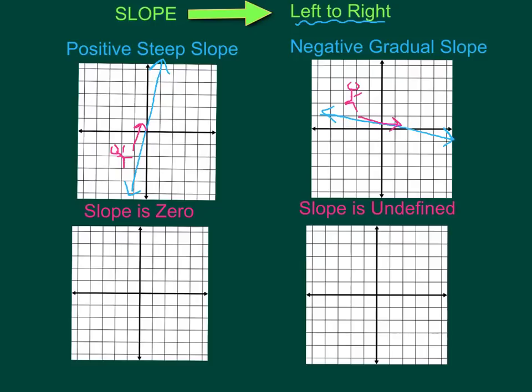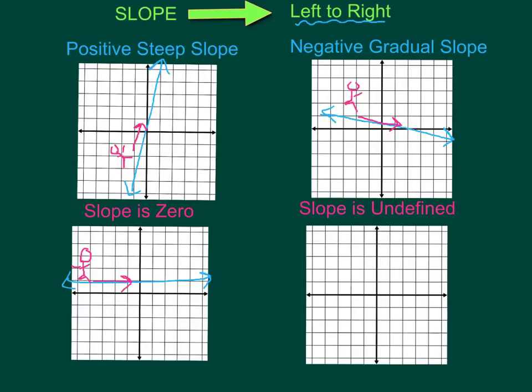Okay, the slope is 0. This would be an example of you're not increasing or decreasing, so you're just walking a flat line. There is no slope. No increase and no decrease.